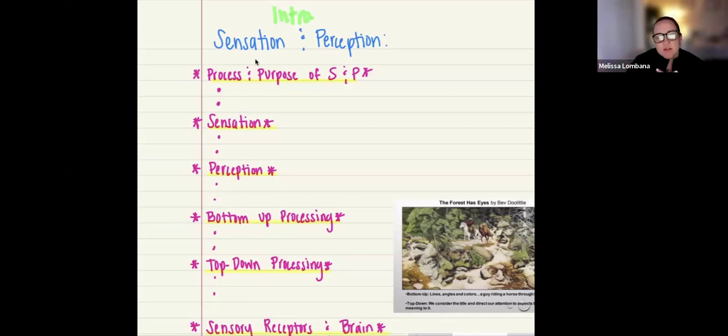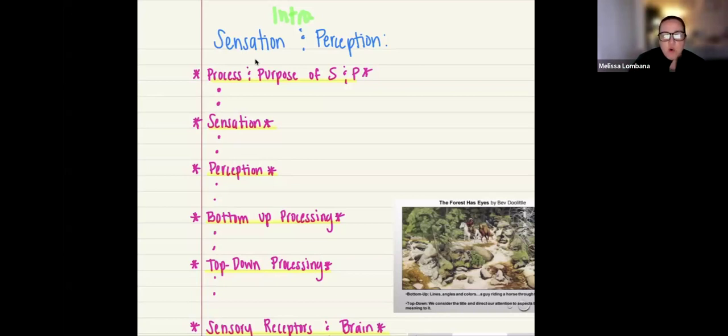All right, so sensation is basically the processing of receiving stimulus energies from our external environment, and then we transform those energies from our environment into neural energy.